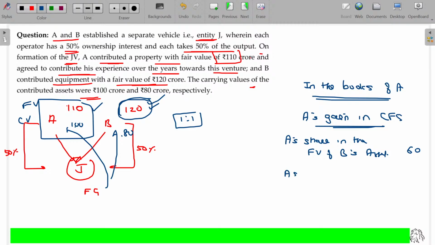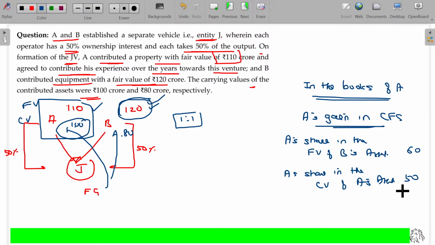Similarly, A's share in the carrying value of A's asset. For the other's contribution, you have to take the fair value. For my contribution, I have to take my own carrying value. My carrying value is only 100. Out of that, 50% is mine.